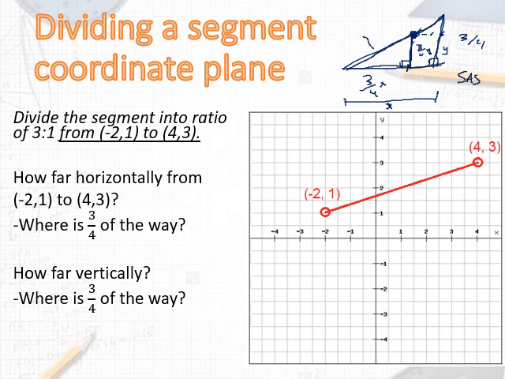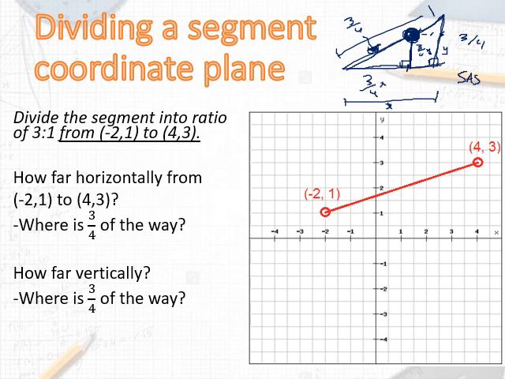Also means that the hypotenuse will be dilated as well. So this would be 3/4 of the original hypotenuse. So this is what we're going to try and do. If we treat it as a triangle, we are looking for the point that is 3/4 of the length of the hypotenuse, or whatever the ratio happens to be in that particular case.